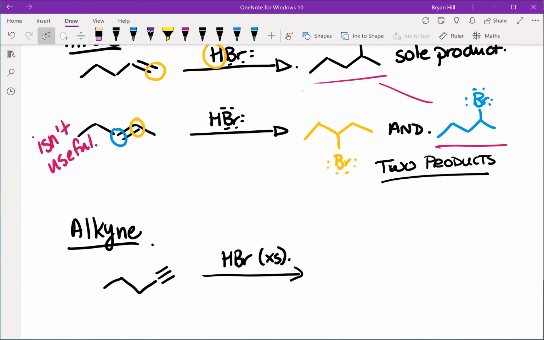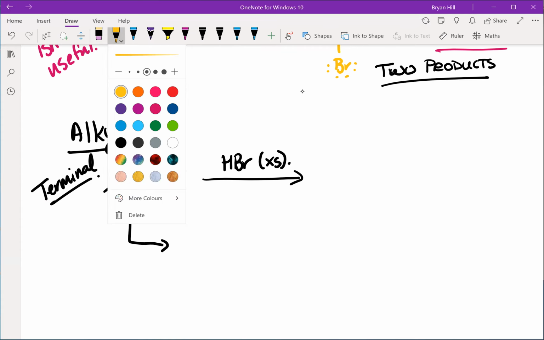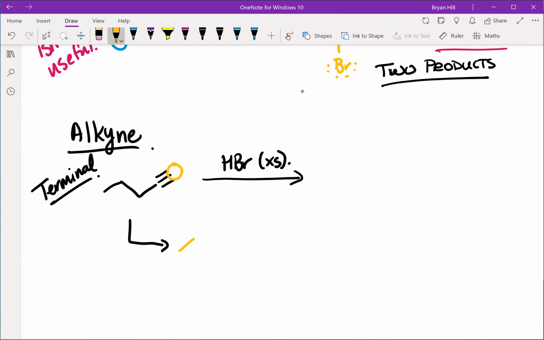In the case of a terminal alkyne, the first step would be the rich get richer. One carbon here has a proton. The other carbon has none. So we would expect that this would get the proton. Actually, we can draw it in yellow, it doesn't matter.